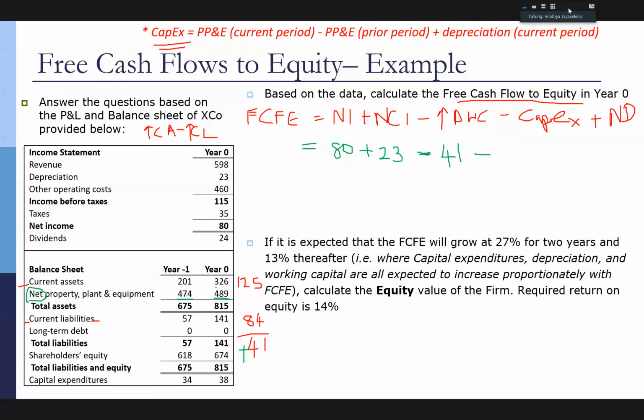Just looking at the increase, from 474, the value of your buildings has gone up to 489. That difference is because of you purchasing buildings, for example, right? If it was gross. But the problem is when we put it into the balance sheet, we put a net value after cumulative depreciation. Okay?